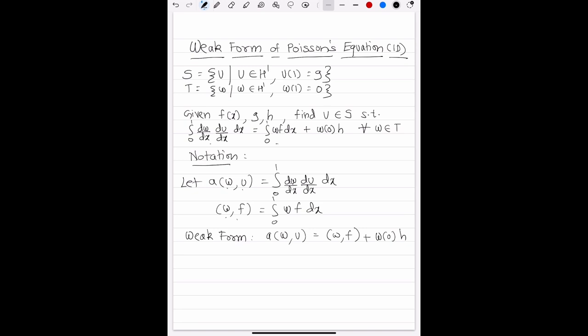Before we go on, I would like to highlight some interesting properties of these two expressions, a of w, u and (w, f). The first property is that they exhibit symmetry, and the second property is that they exhibit bilinearity.